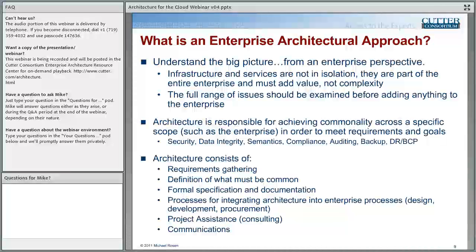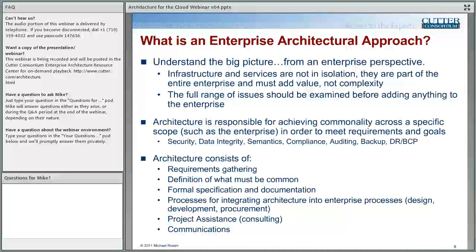And then coming up with some specification and document that describes what those common things must be and how something complies with that commonality. Often that's where we stop in architecture, and if we stop there, we don't deliver the value that architecture needs to deliver. So what we need to understand is what are the processes in the enterprise that are involved in bringing in cloud-based systems, and how can we integrate these guidelines into those searching, procuring, contracting processes so that we influence the selection of cloud things as opposed to trying to stop them later on.